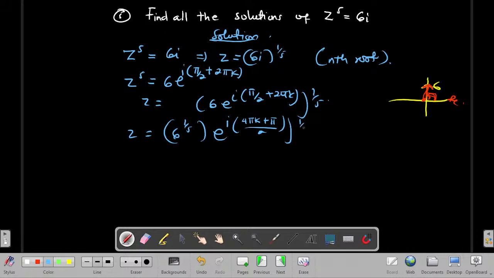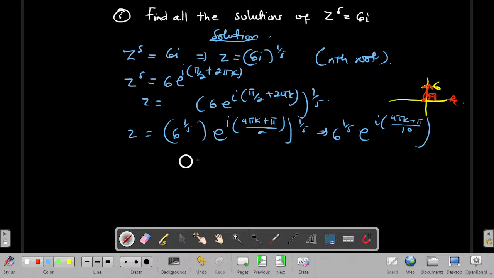I still have my 1 out of 5 here. So this gives 6 to the power 1 out of 5 e to the power i, remember, you just multiply, so my expression becomes 4 pi k plus pi all over 10.